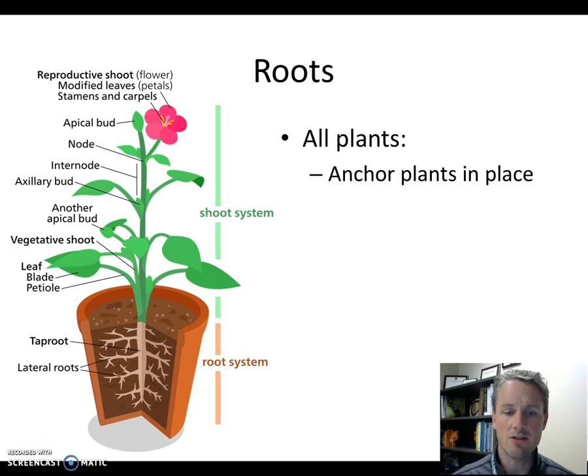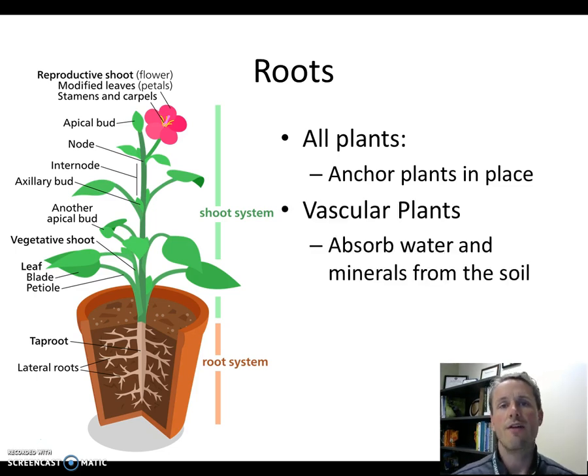Now, some plants use the roots for additional functions. Those are the vascular plants. So we'll talk about the adaptation of adding vascular tissue to a plant later on, because that only occurred in some plants. But those plants with vascular tissue also utilize their roots to collect water from the soil.